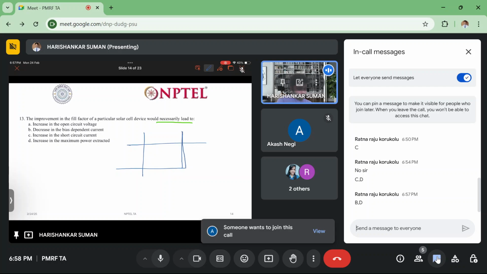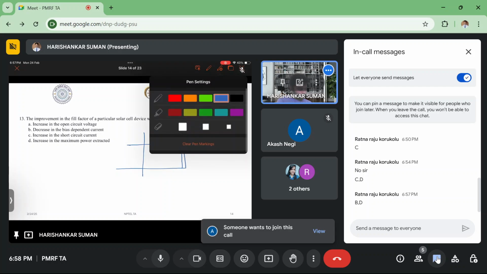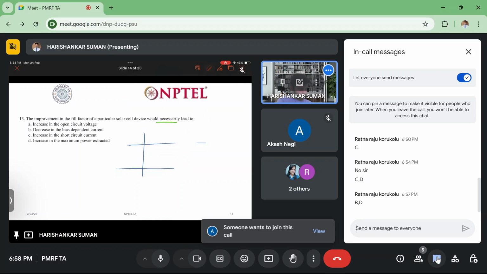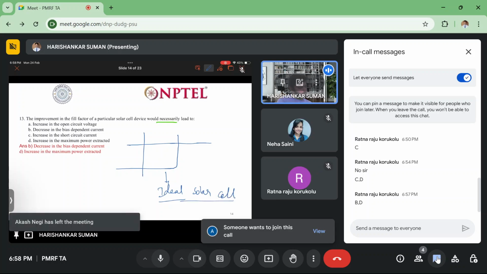Let's say this is the ideal solar cell, which has a rectangular shape of IV, but in practice some series and shunt resistance is there, due to which the IV curve looks like that.